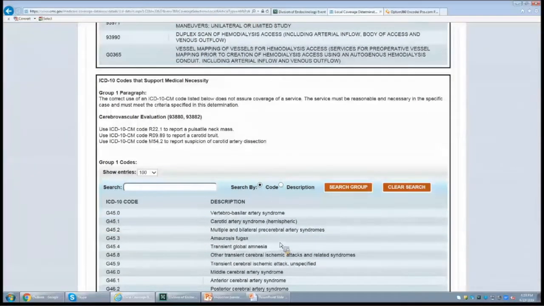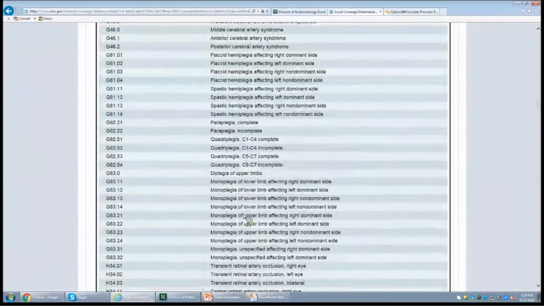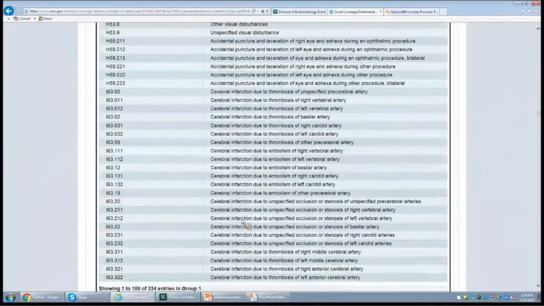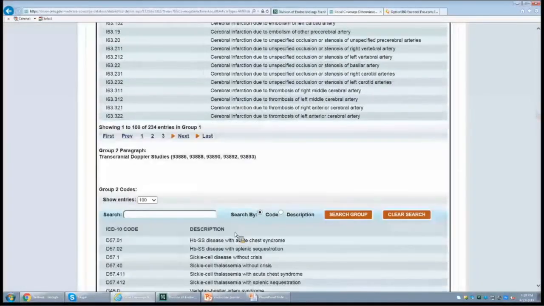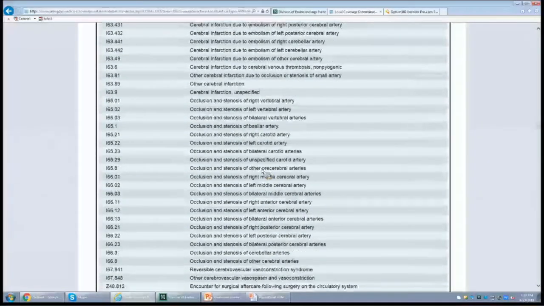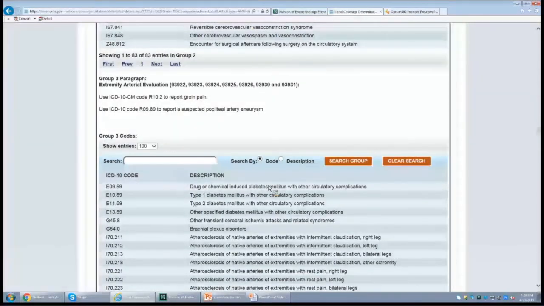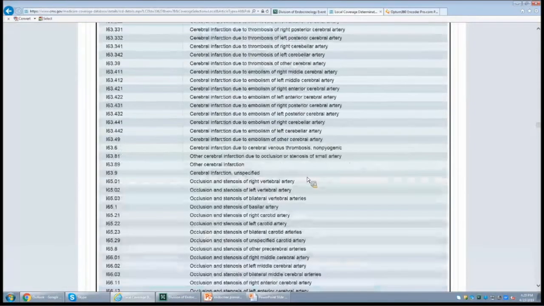So if you are doing any of these studies that are listed here, and it's not listed among the diagnosis codes that Medicare has here, it will be denied, bottom line. And there's no way around it. So this is just an example. Here are the different codes for different studies, but Medicare is saying if you should consider doing one of these studies, you must have one of these indications. There's no exception to the rule, it will be denied. So they have their own indication as to what they consider covered services.